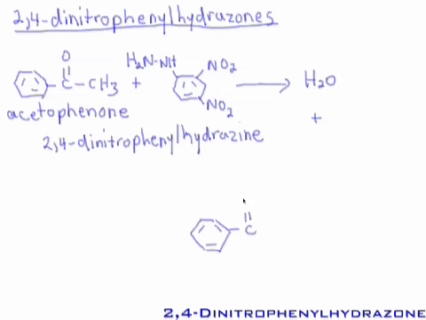C double bond N, CH3. We get an NH. And off of that NH we have our aromatic ring with a nitro here, O2N, and a nitro here, NO2.